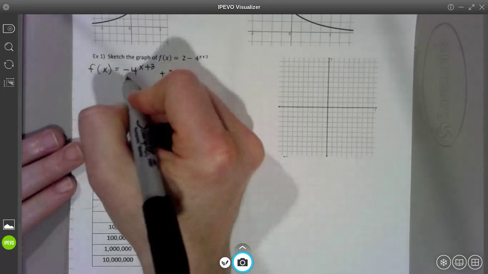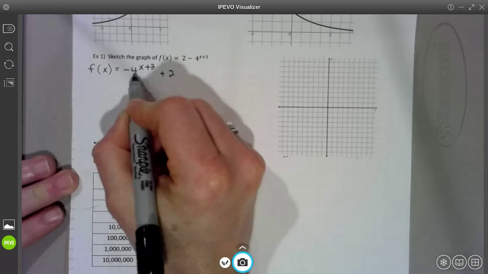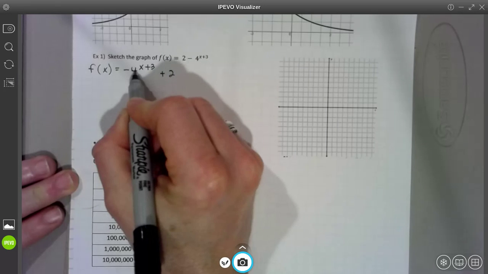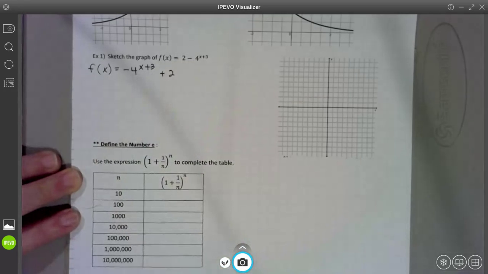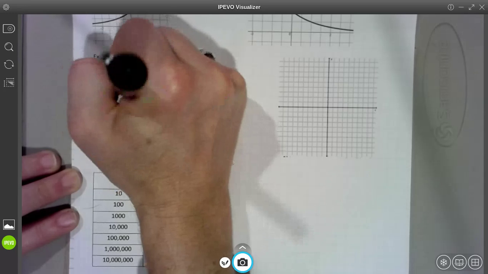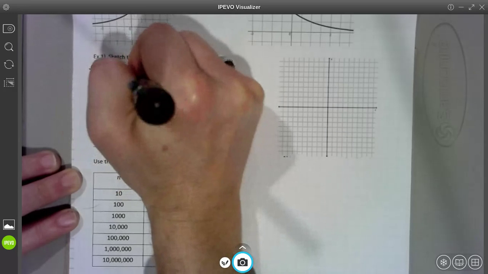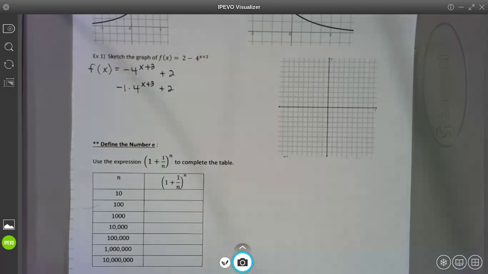And then again, this -1, it's not your base because the x plus 3 is only on the 4. If I wanted the x plus 3 to be on the 4 and on the negative sign, they would have had to use parentheses. And remember, the base of an exponential function is not negative. So really, this is like -1 times 4 to the x plus 3 and then plus 2. So I can really start seeing all of these transformations that are going to take place.